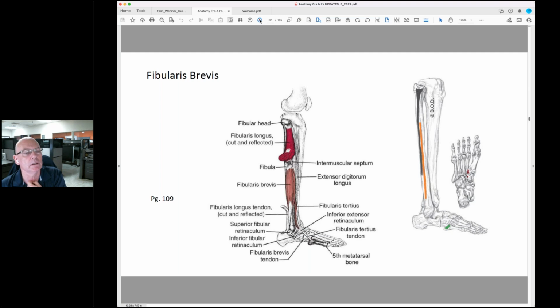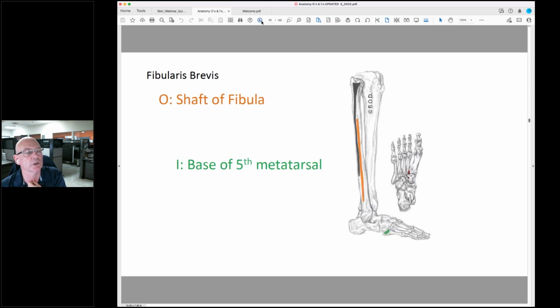So the origin is now just the shaft of the fibula, rather than the shaft and the head. Just the shaft. And the insertion comes to the base of the fifth metatarsal. So it doesn't come underneath, it just comes to the side of the metatarsal, not even on the tarsals.